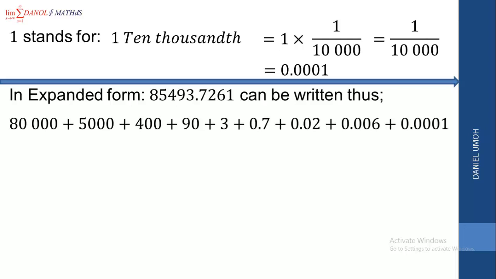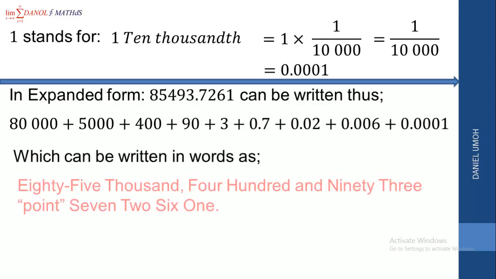So this can be written in words as 85,493.7261. Please note, immediately after the decimal point, we pronounce each of the numbers one by one.